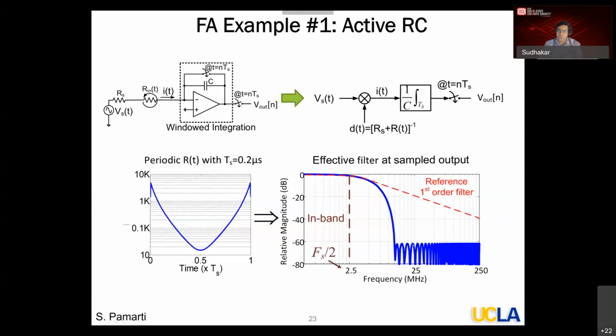This is about equivalent to a sixth or a seventh order filter. So this is what really got us hooked on this approach. By taking one single component, the resistor, and making it cleverly periodically time varying, I'm able to get these incredibly sharp filters. And that was very, very promising to us.